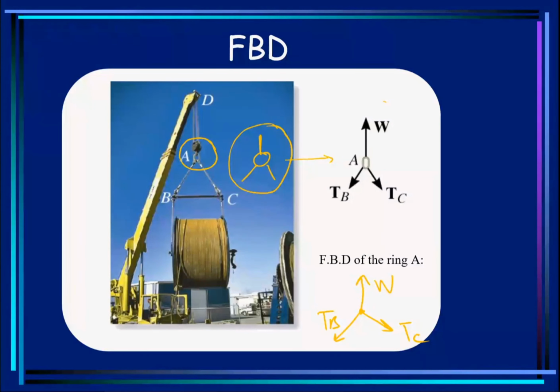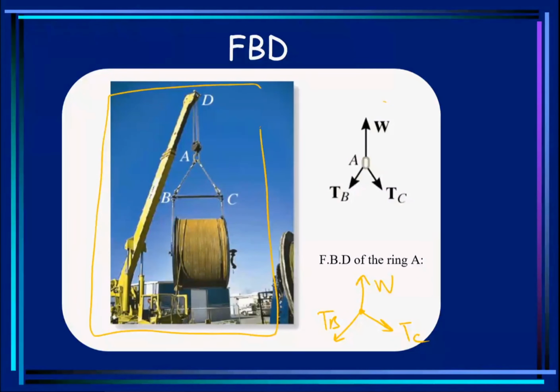So remember, the whole structure here is in equilibrium. So every joint, every part is in equilibrium. So if I want to do analysis on any part, I will just cut that off from the surrounding and draw its free body diagram.